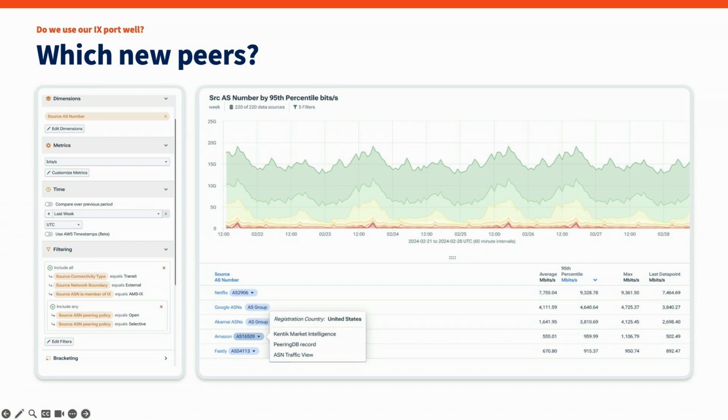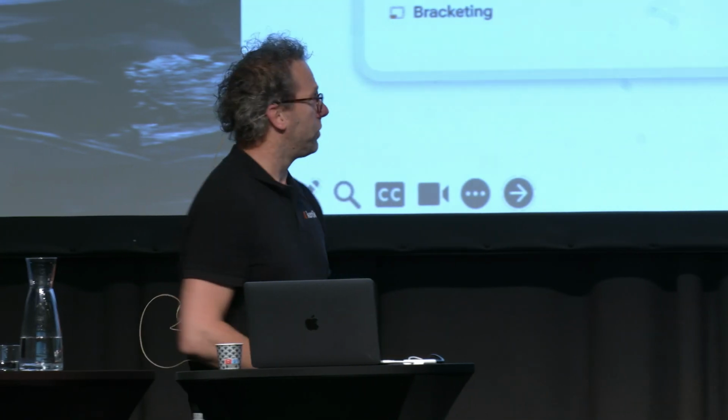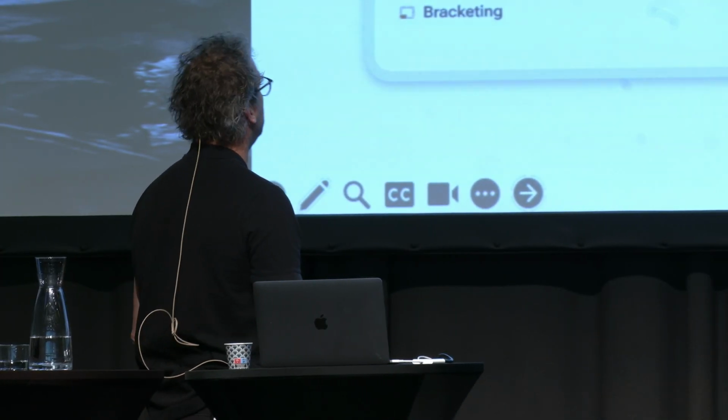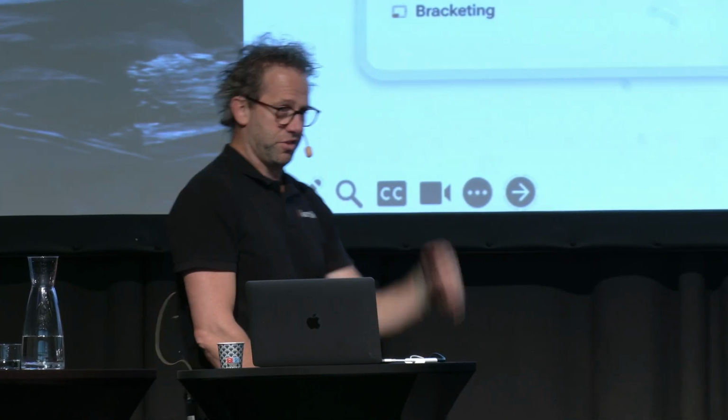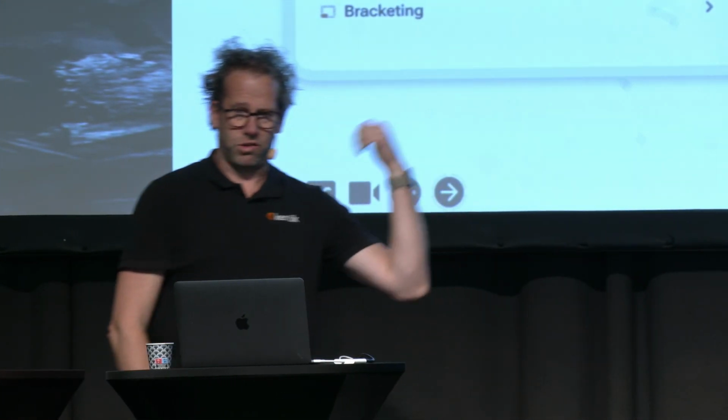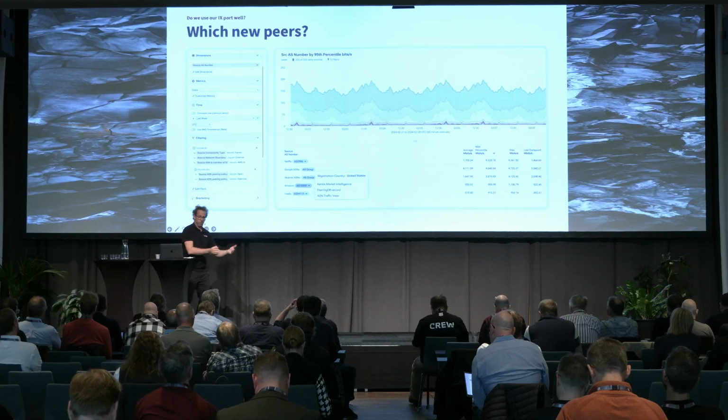Not what my transit provider is, but what the network behind that transit provider is, or in front of it, depending on your view, but I always say behind the transit provider. So now we see what networks are sending you all that traffic over that transit provider that we saw in the previous slides that you pay for.